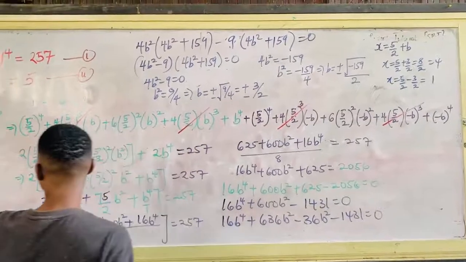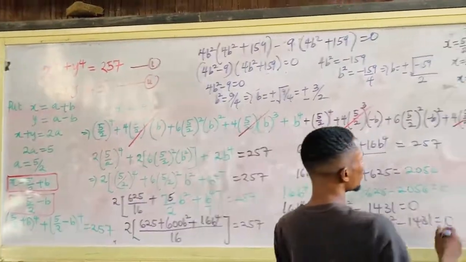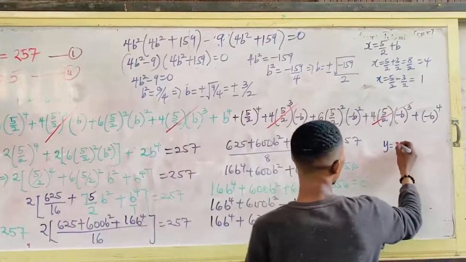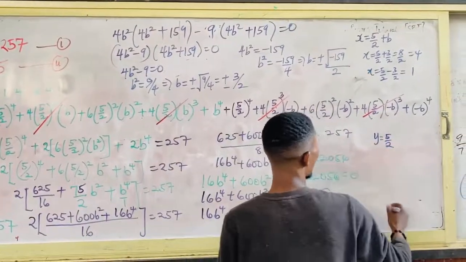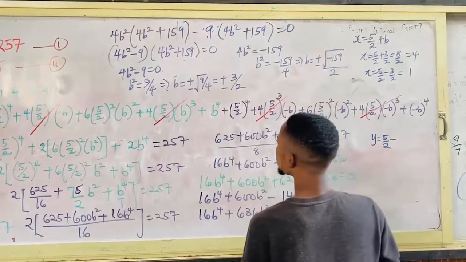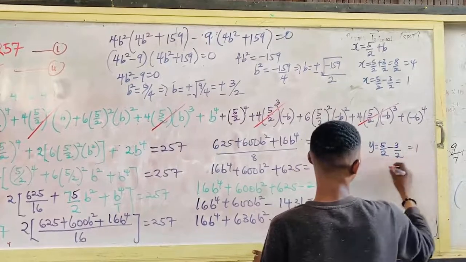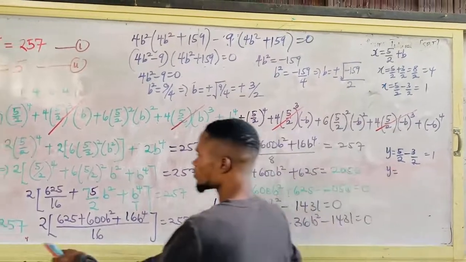So, what about y? y is 5 over 2 minus b. When b is 3 over 2, that gives 5 over 2 minus 3 over 2, which is 1. Also, y is 5 over 2 minus b.